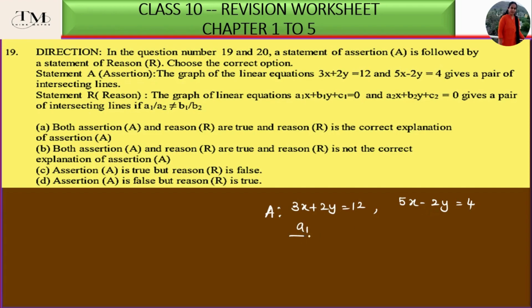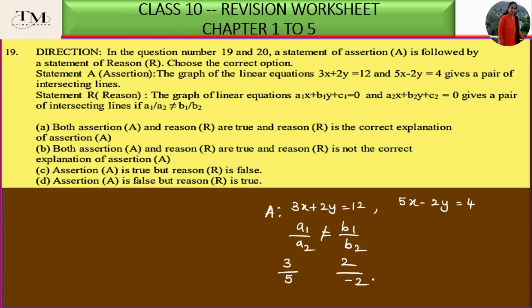That means the ratio of coefficients of x should not be equal to the ratio of coefficients of y. So is it true? What is the coefficient of x in the first equation? It is 3. In the second equation, it is 5, so the ratio is 3 by 5. Coefficient of y in the first equation, 2. Coefficient of y in the second equation, minus 2.